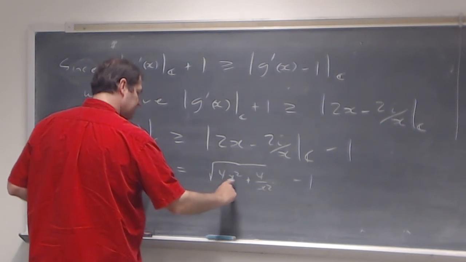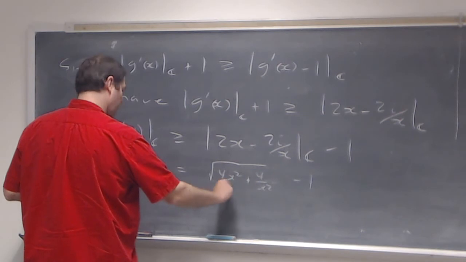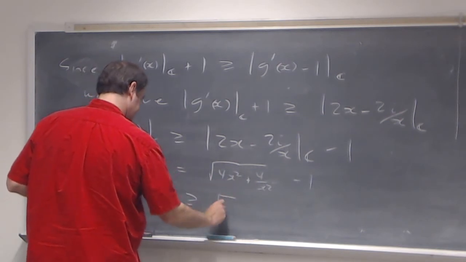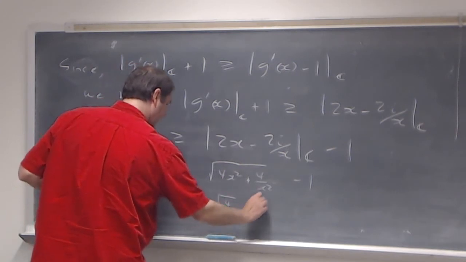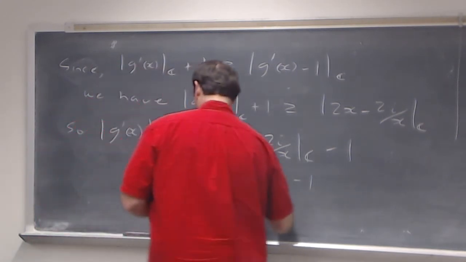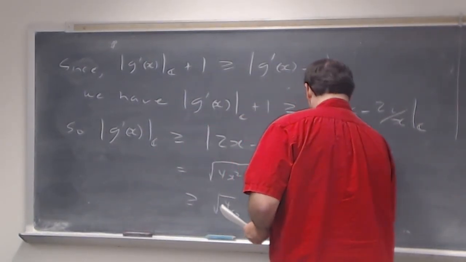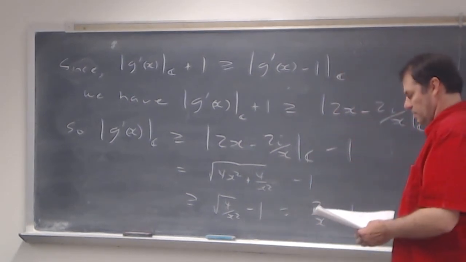What's smaller is if I took away the 4x squared from here, so this is bigger than the square root of 4 over x squared minus 1, and that's equal to 2 over x minus 1. That's what we get because we're talking about x values in between 0 and 1.